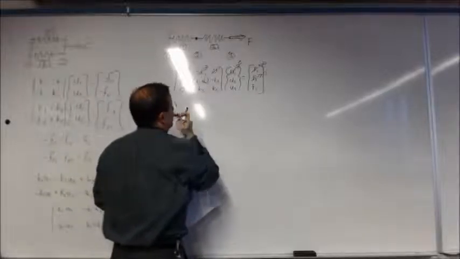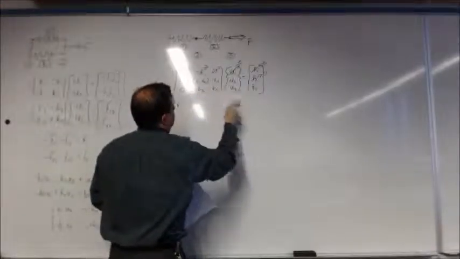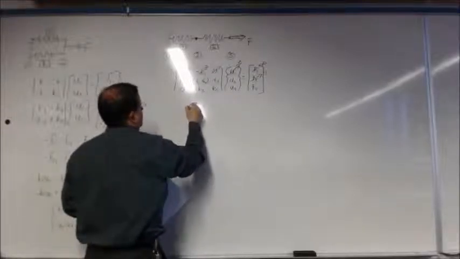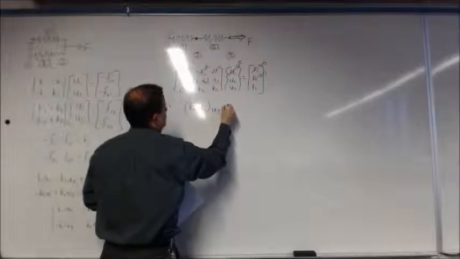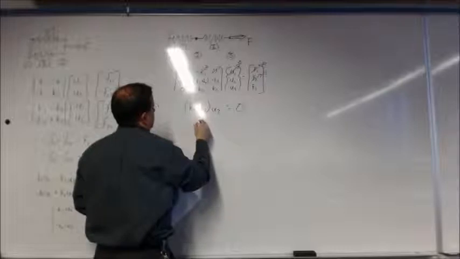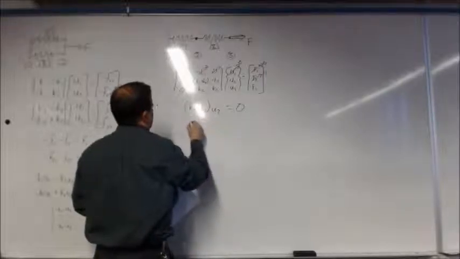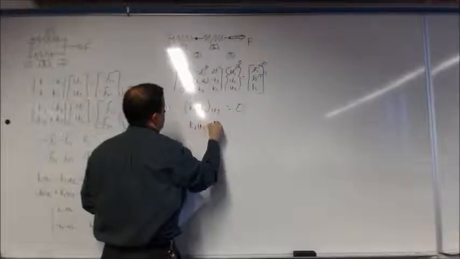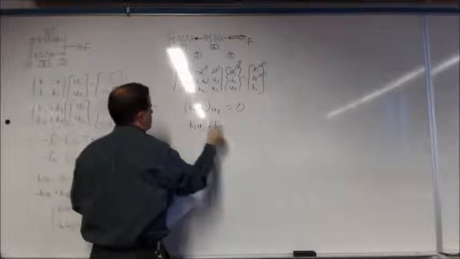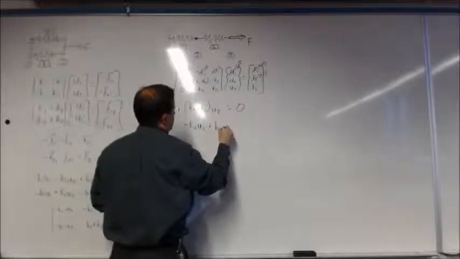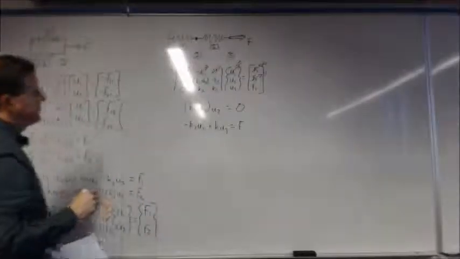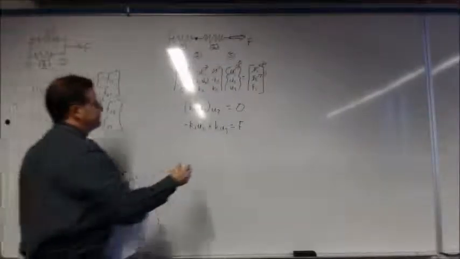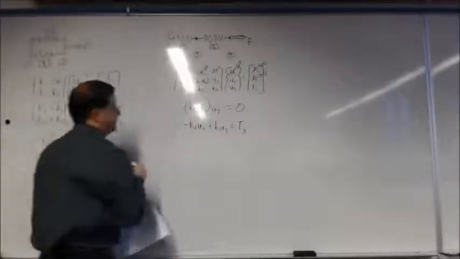So what we should have left is K1 plus K2, K2 U2 equals 0, right? K2 U2 plus K3 U3 equals F3, whatever's at F3.